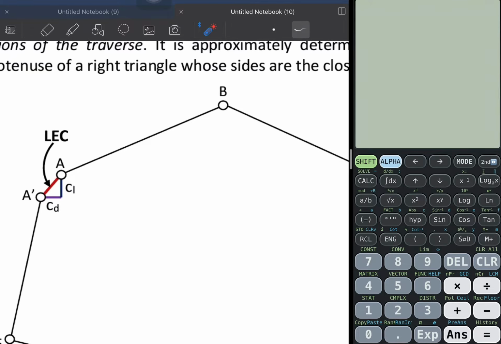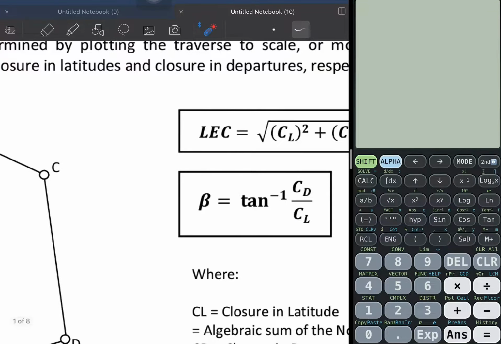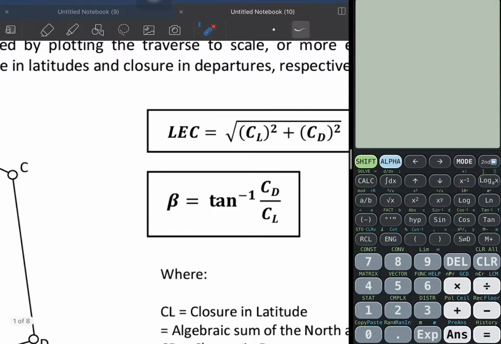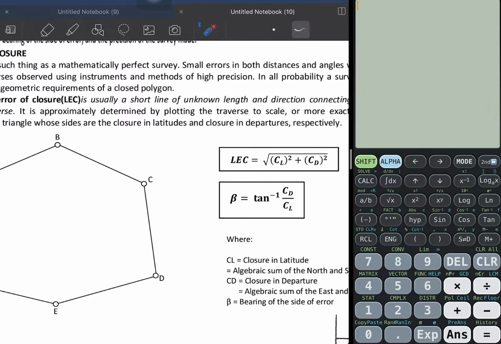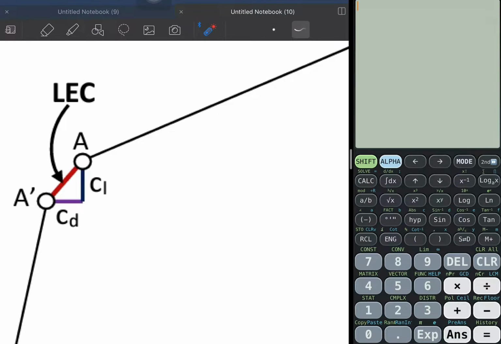Since you have the total closure in latitude and then the total closure in departure. And then to solve for the bearing or the angle, that is tangent inverse of the closure in departure divided by the total closure in latitude. So the angle here is this one.